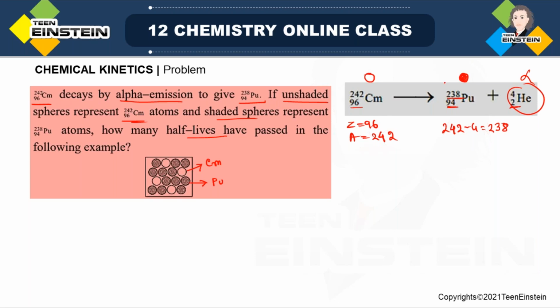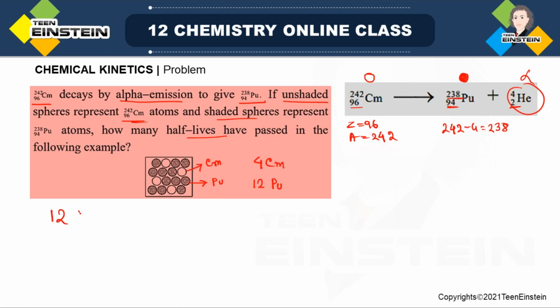Clear? Now if we look at this picture, here we have a total of 4 Cm and 12 Pu. Initially there is only the unshaded sphere, right? That means initially you have only Cm because Cm is the starting material.